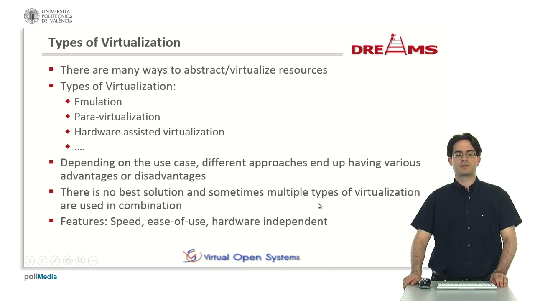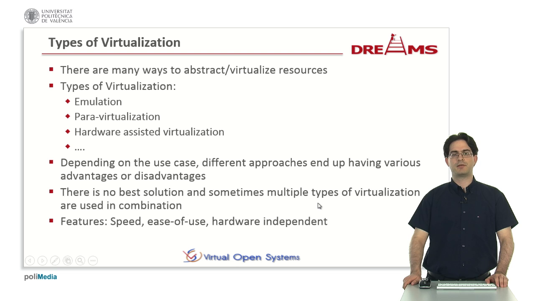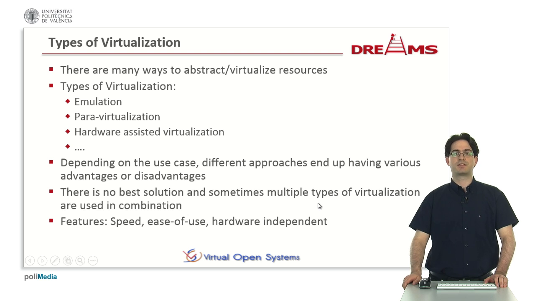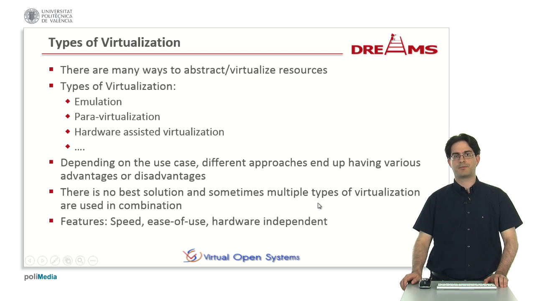Depending on the use case, other approaches are better. Of course, all of them have their advantages and disadvantages, but it finally depends on the system and the use case itself. Different approaches offer speed, others ease of use, and some of them have hardware dependencies or not.